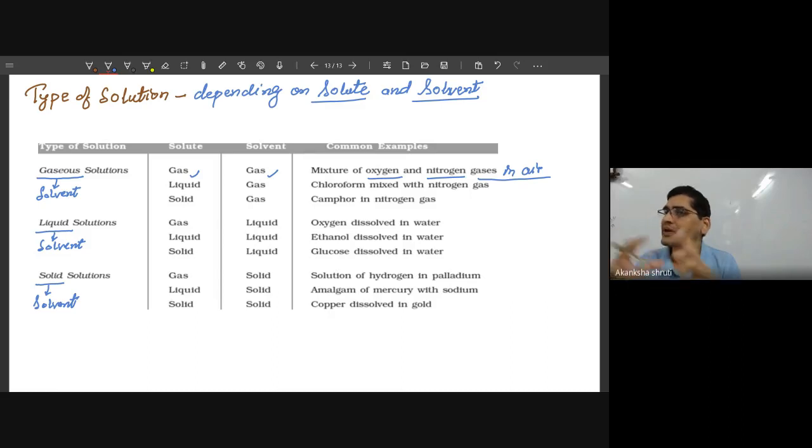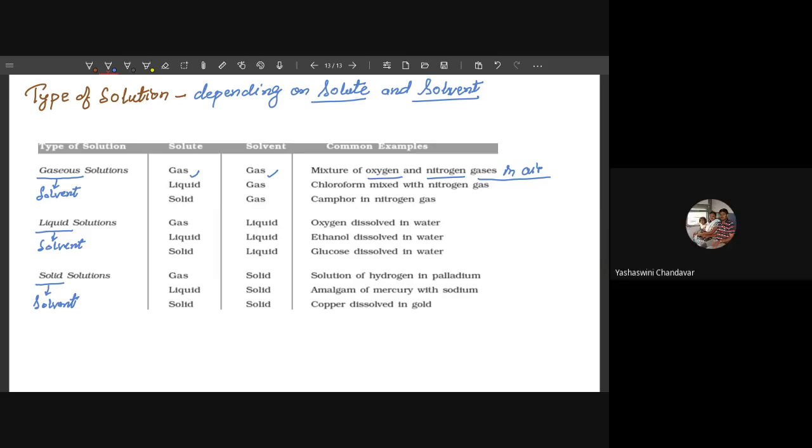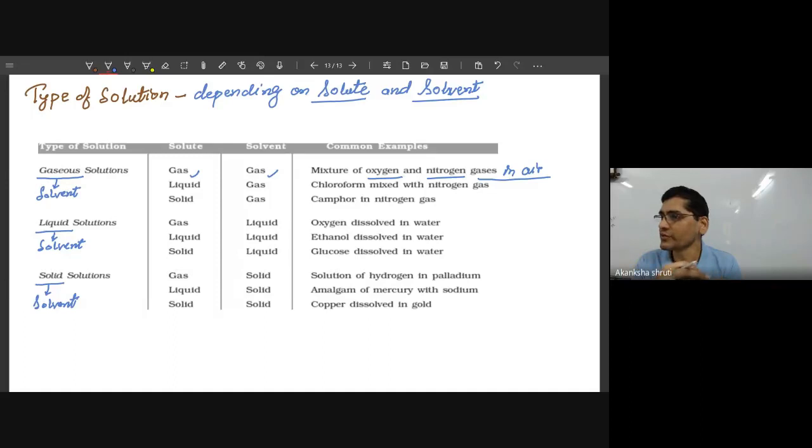Because of this presence of water in the air medium, we define a term called humidity. You might have heard, today the climate is quite humid. What does it mean? The water particles are present more in our air, so that's why it is more humid. So it is possible that liquid is present in gas.